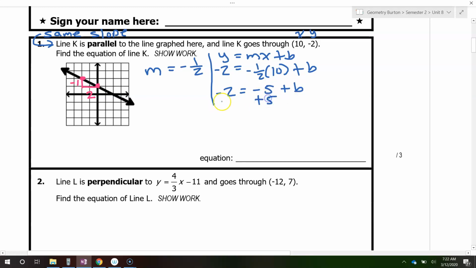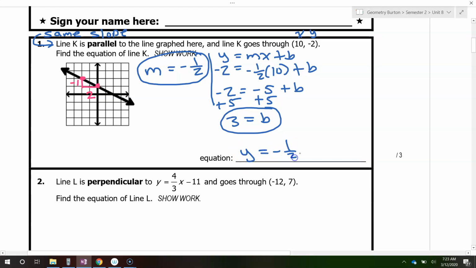And then if we add 5 to both sides, that gives me 3. So b is equal to 3. So now I have the slope and I have the y-intercept. So the equation will be y equals -1/2 x plus 3, where I simply substitute the m and the b right here and right here.